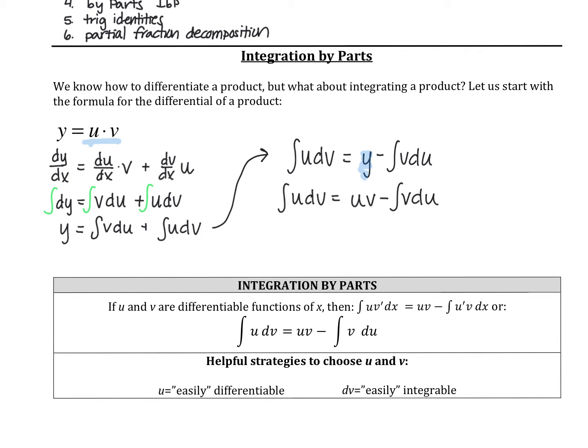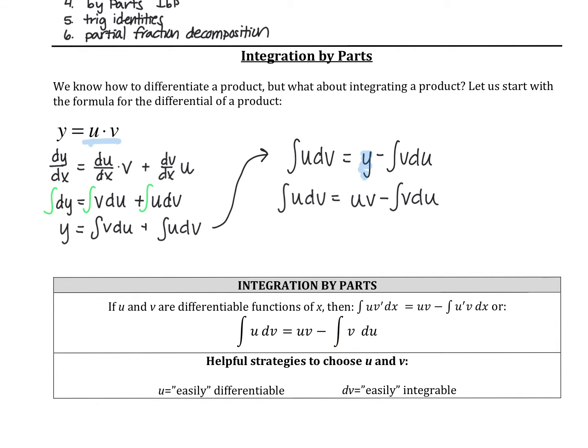This is the formula for integration by parts.